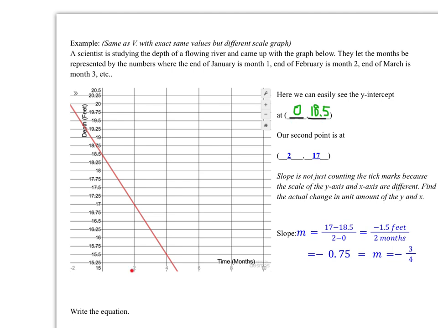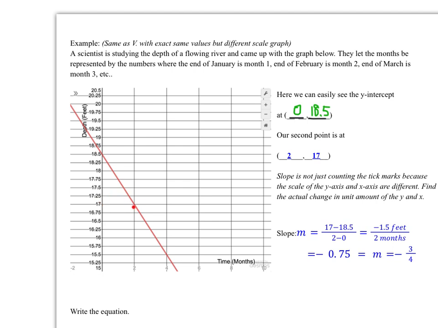We can also see a second point clearly at (2, 17). However, we can't just count down 1, 2, 3, 4, 5, 6 to the right 1. It's not going down 6 and right 1. It's actually going down 1.5 feet. So from 18.5 to 17 is actually only 1.5.